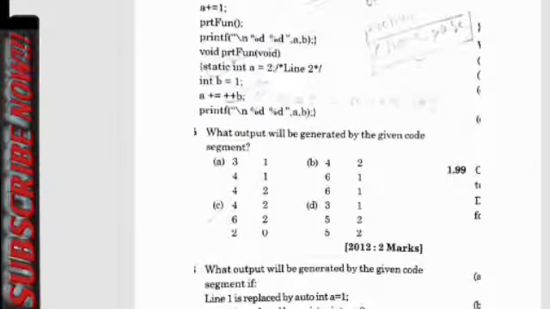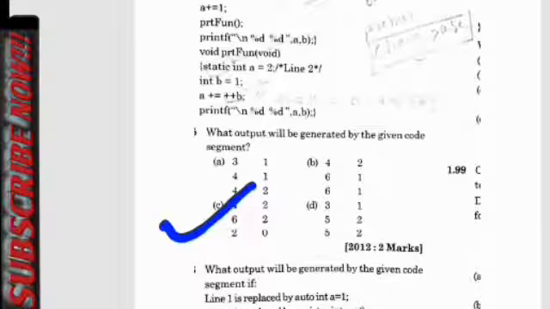So b is not increased but a is going to increase, meaning the value of a is going to be 6 and the value of b remains the same at 2. So the next output matches only option C. So option C is the correct answer.